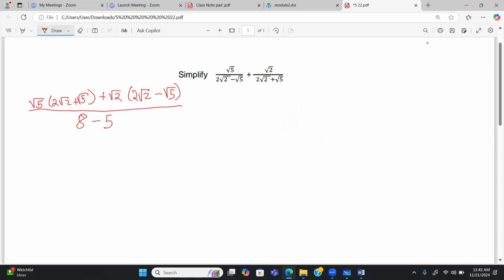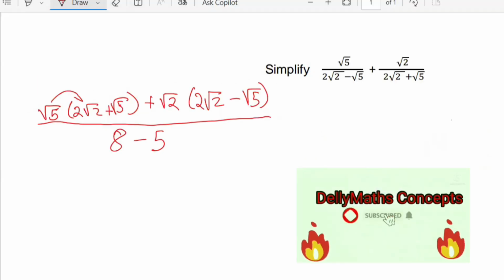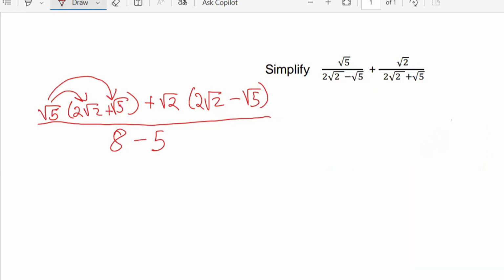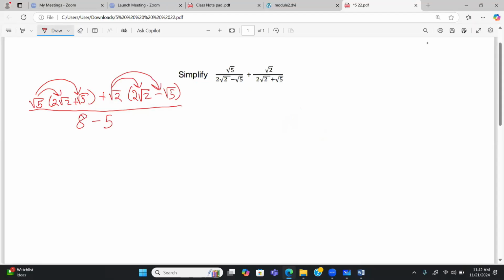Now, let's sort out what is on top. On top, I have to distribute this inside here and this here. So I'm going to distribute the root of 5 inside the first parentheses, then distribute the root of 2 inside the second parentheses. Let's do that. So what I have here is root 5 times 2 square root 2, plus root 5 times the root of 5.